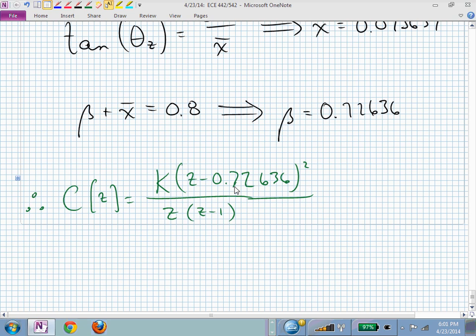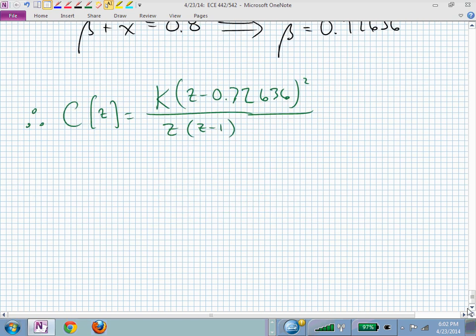Now what? Pardon? Now we have to find k, don't we? And how do we find k? And why are we finding k? We now need to fix those poles right at those triangles.